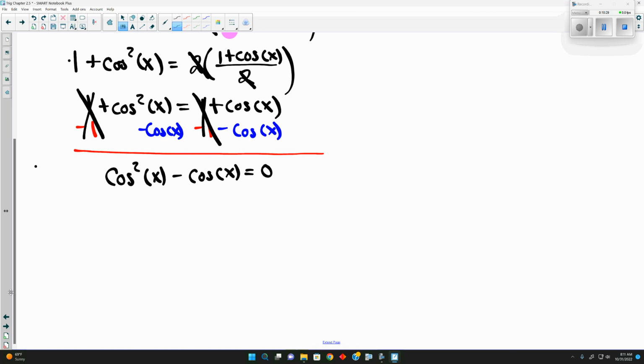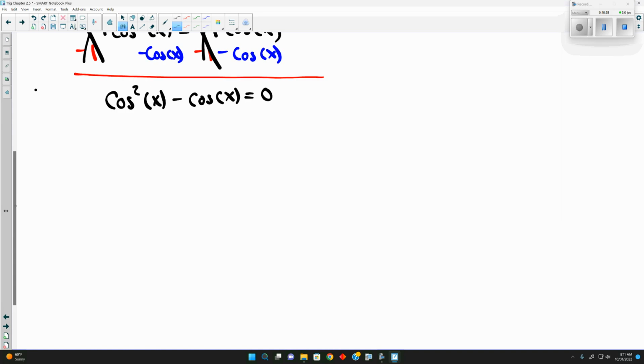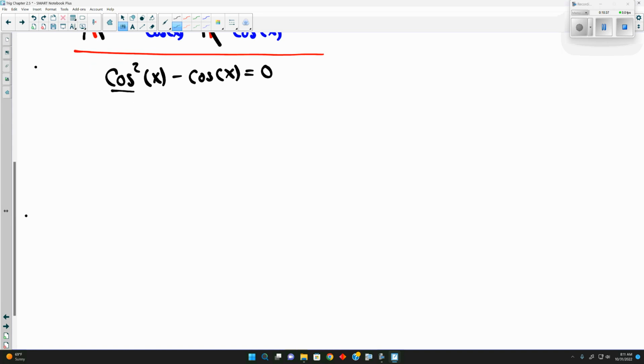Now there's different ways we can go about solving it from here. But the way I would look at it is that we do have a cosine in common with both of these, so we can factor it out. Which tells us that cosine of x times cosine of x minus 1 is equal to 0.